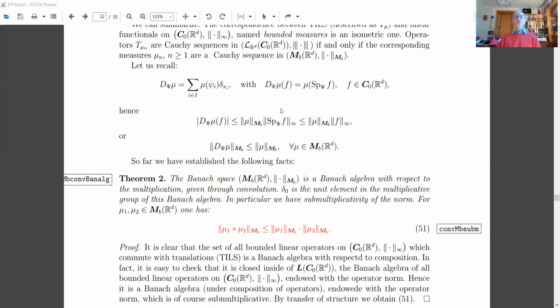We also have the fact that SP psi is a shrinking operator. So you are controlling the size of d psi mu on f by checking the size of the functional mu times the size of the quasi-interpolation. And this is not larger than f. So we know that d psi mu is controlled by the size of mu as a functional.